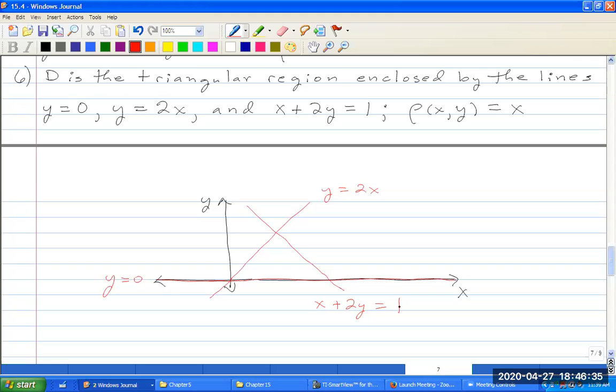Okay, so my region D. Actually, let's try a little bit bigger. Something like this.